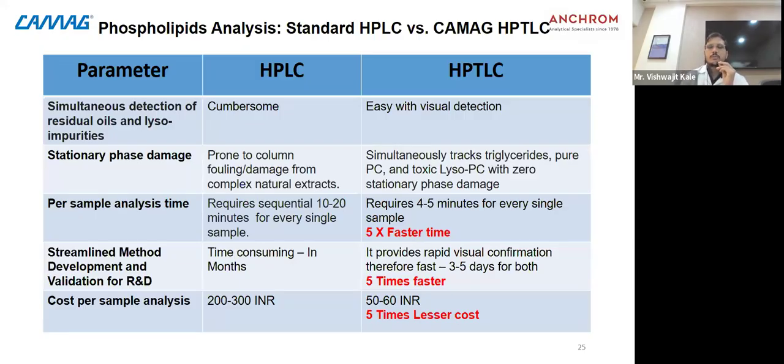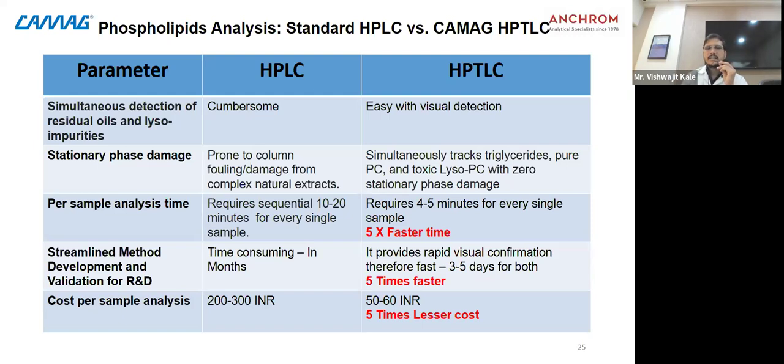Now, coming back to our topic of discussion today, how HPTLC offers you faster solutions, 5 times faster. If you see this comparison for per sample analysis time, it is 5 times faster than traditional HPLC or TLC. Then streamline method development and validation for R&D. Method development and validation is again very fast.